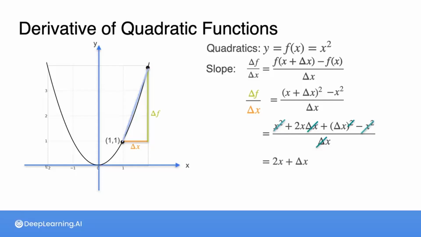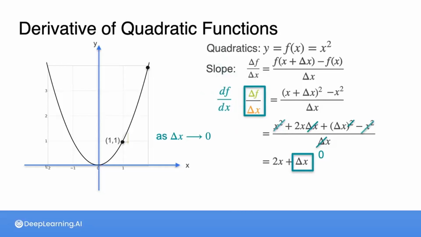Now, what's the value of 2x plus delta x as delta x goes to 0? Well, the 2x stays put, and this delta x is 0. So therefore, the derivative df over dx is going to be 2x. So when f of x equals x squared, then the derivative is f prime of x equals 2x.